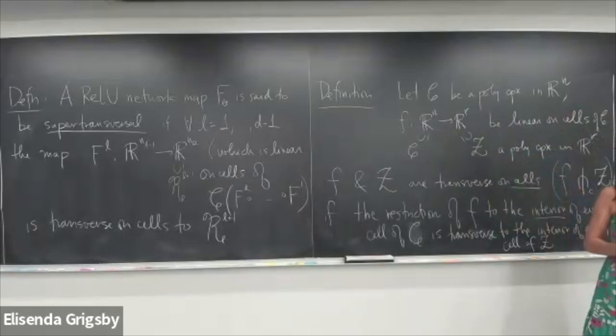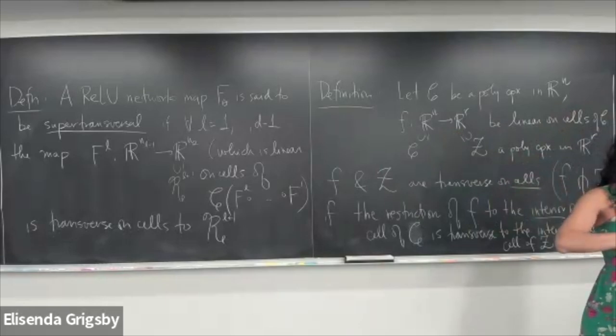So the point is that everything is intersecting in the expected codimension. That's going to be the upshot.